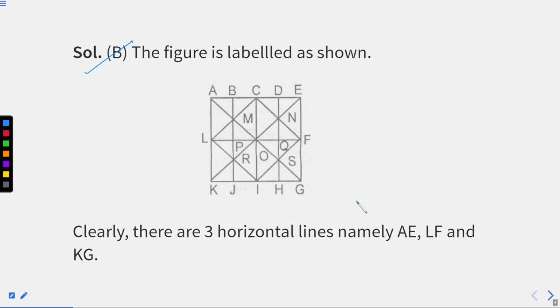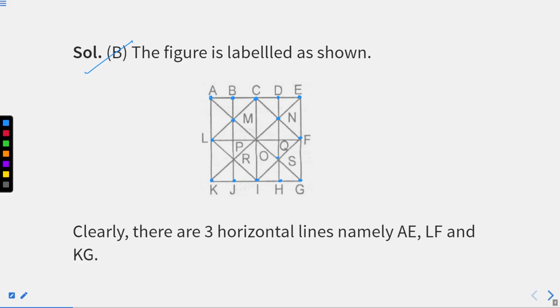So what you can do, you can number all the vertices in this diagram starting with any vertex you want. Let's say this vertex is A, this vertex is B, this vertex is C, this vertex is D, similarly E, F, G, H, I, J, K, L, M, N, right?